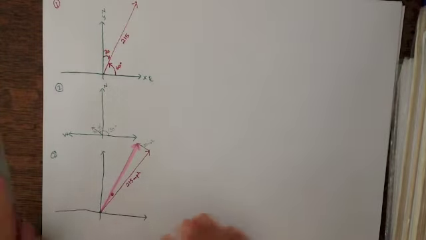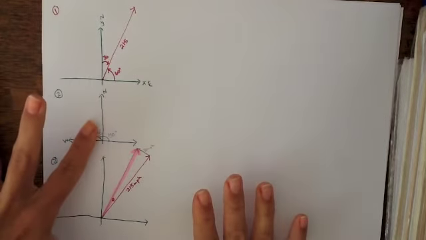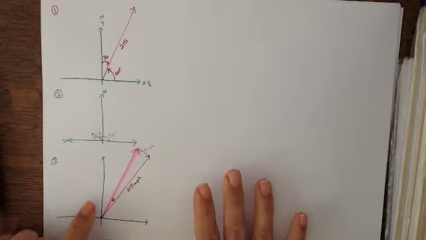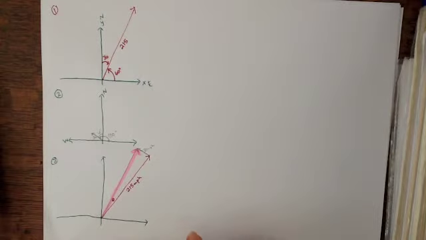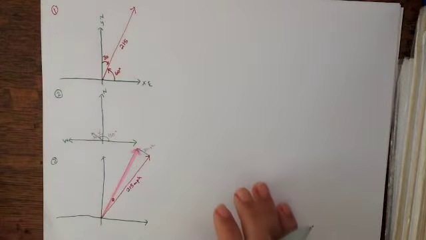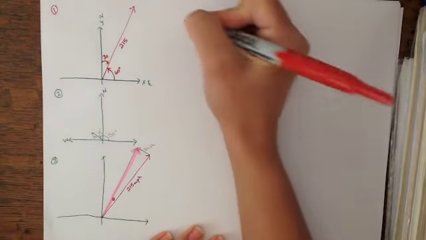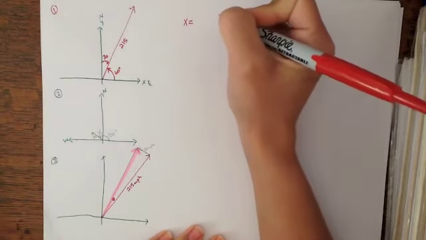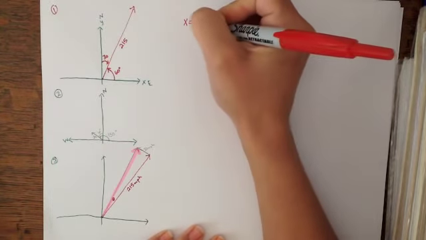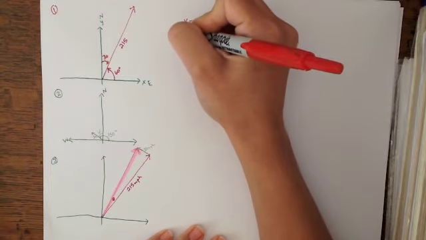But I am going to practice in this video finding the components of vector 1, vector 2, and then using those to find the components of the resultant vector. Okay, so let's start up here. We've learned that to find the components of the vectors, we can use trig.